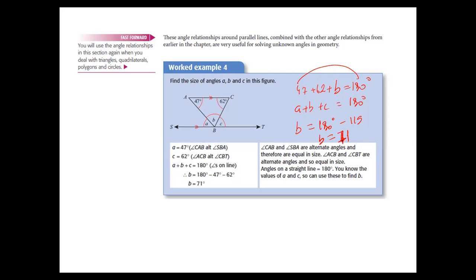Yes, B is 71. So you can put 71 in the place of B.